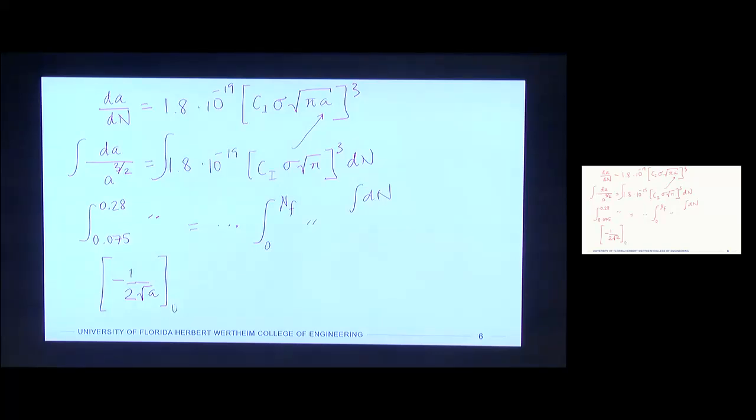And we do that from 0.075 up to 0.28. And that equals our whole expression on the right side times N, from 0 up to NF. And here we just throw an N in there because we didn't have anything there before. Integrate, now we have it there.